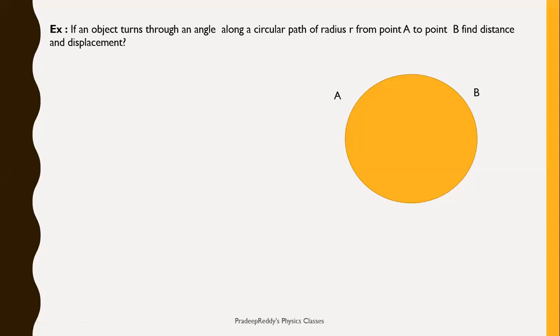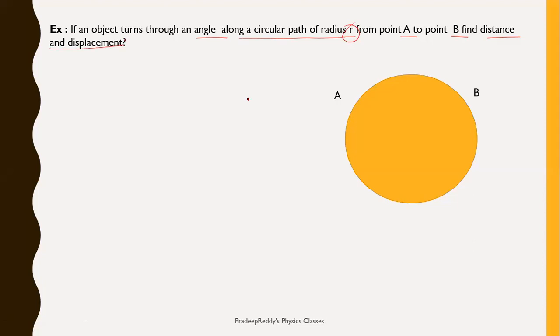Students, here in this problem, if an object turns through an angle along a circular path of radius r from point A to point B, find distance and displacement.